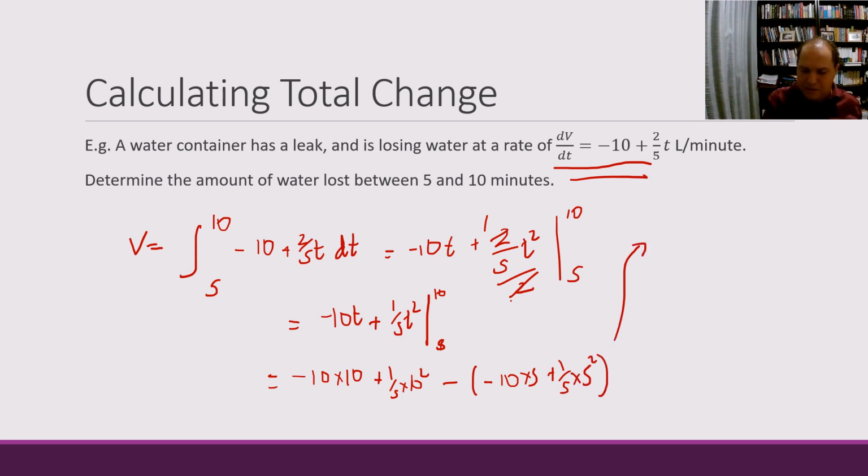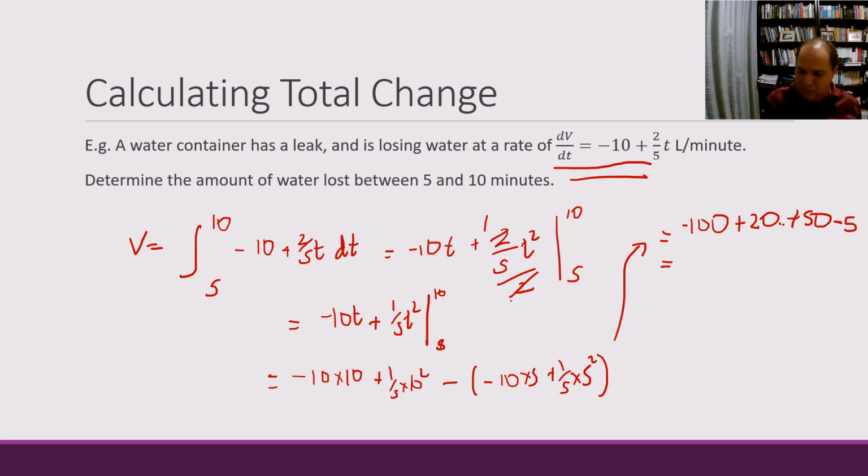Alright, and that's going to equal 10 times -10 is -100. 10 squared is 100, 1/5 of 100 is 20. And then subtract, well, 5 times 10 is 50, so -50, and subtracting -50 is the same as +50. 5 squared is 25, 1/5 of 25 is 5, so we're going to minus 5 there.